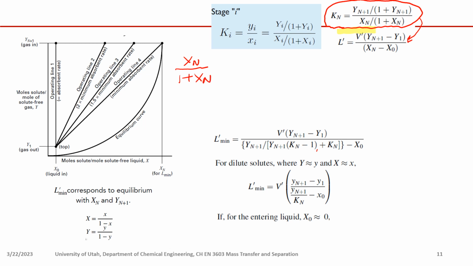Then we divide by this whole term, but we can just move the whole term to the right. So we have Kn multiplied by this term, yn plus 1 divided by 1 plus yn plus 1. Okay.